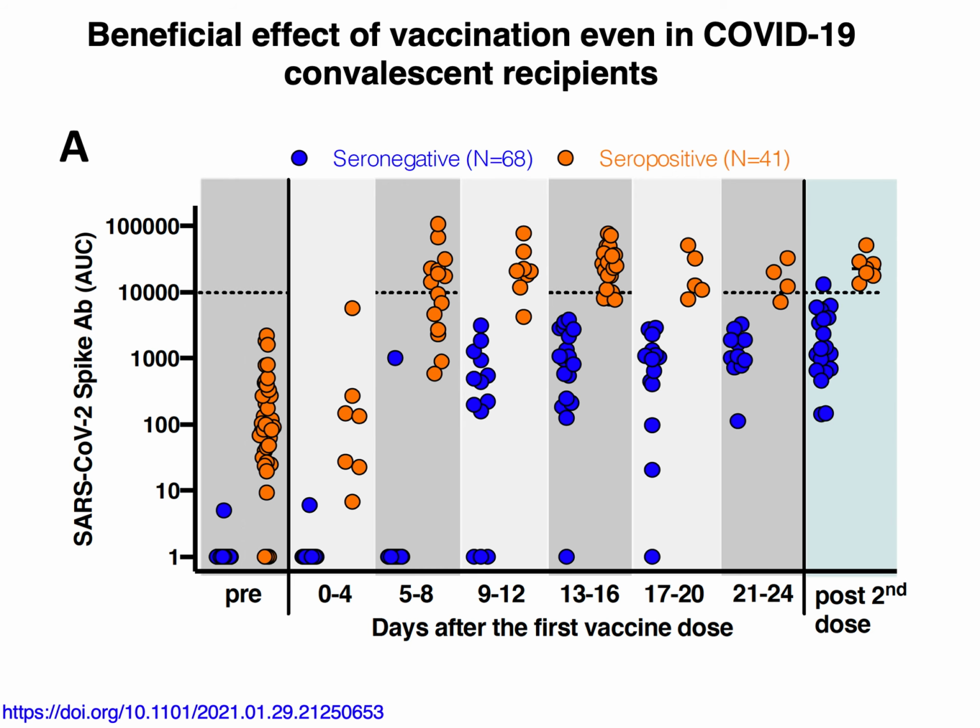You can see this in the real world. This is an example of a study that was done in early 2021 after the introduction of the COVID-19 vaccine. This is a comparison of antibody titers in individuals that had either been previously exposed to COVID-19, seropositive, or individuals that had not been exposed to COVID-19, that were seronegative.